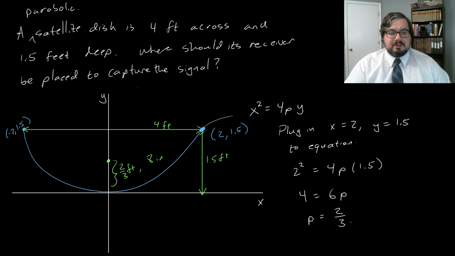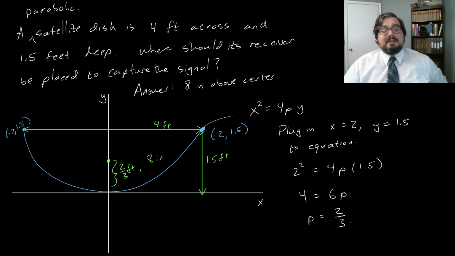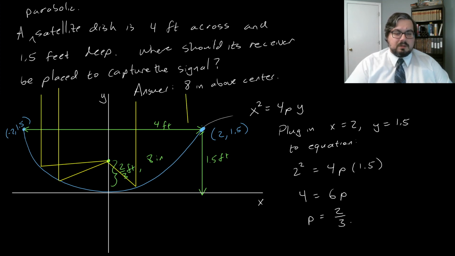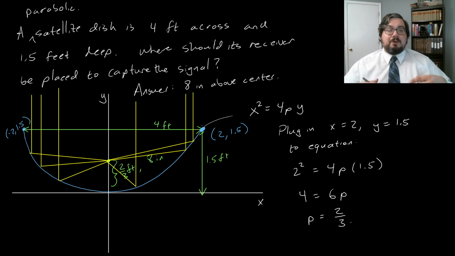So our answer might be something like 8 inches above the center. And if you put the receiver 8 inches above the center, then you're guaranteed that all of your signals will get to your receiver. One advantage of this also that I didn't mention is that all those satellites that you aren't pointed at won't get focused in.